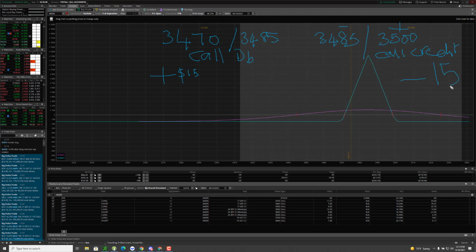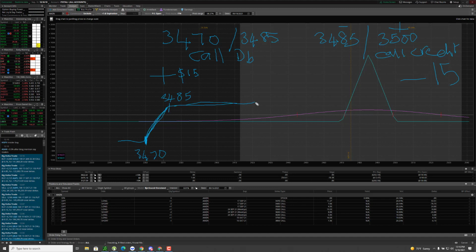Now when you merge the two, when you do a debit spread, this is how the risk profile looks. From here, this is your 34.70, and it caps out at 34.85. However much further it goes, even if it goes to 37, 40, doesn't matter. Your gain is just the width.